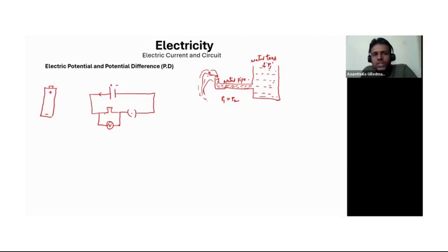So if the current flows in the circuit, then we can measure how much potential difference is present at these 2 points in that circuit.